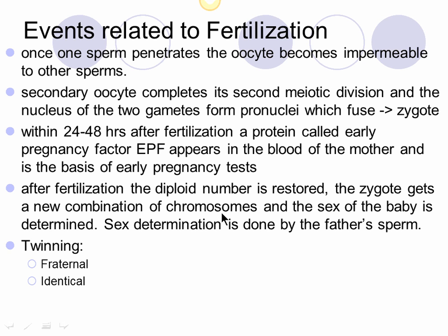After fertilization, obviously, the diploid number is restored because the gametes were haploid. And sex determination is done by the father's sperm, because remember, when a woman produces an oocyte, it can only be X, because a woman was 44XX, right? So all oocytes have just the X chromosome, whereas the father was 44XY.